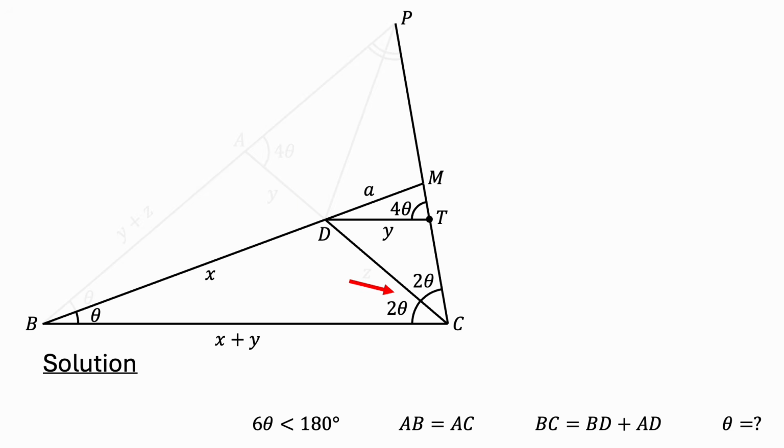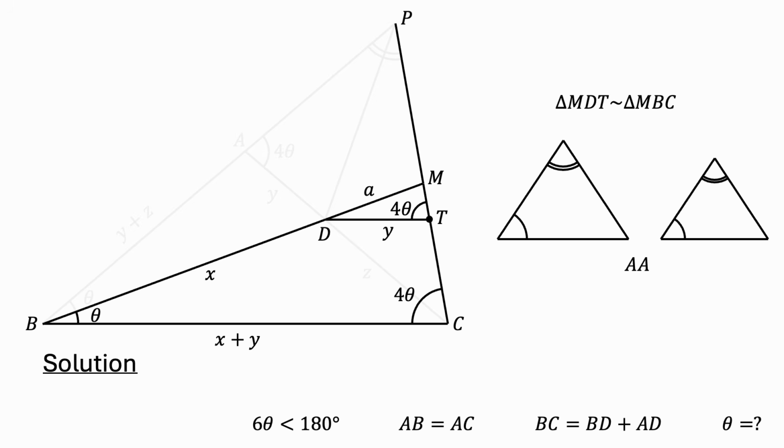Since angle BCM equals 2 theta plus 2 theta, which equals 4 theta, we claim that triangle MDT is similar to triangle MBC. Since angle DTM equals angle BCM equals 4 theta, and this angle is common to both triangles, the two triangles are similar by AA.